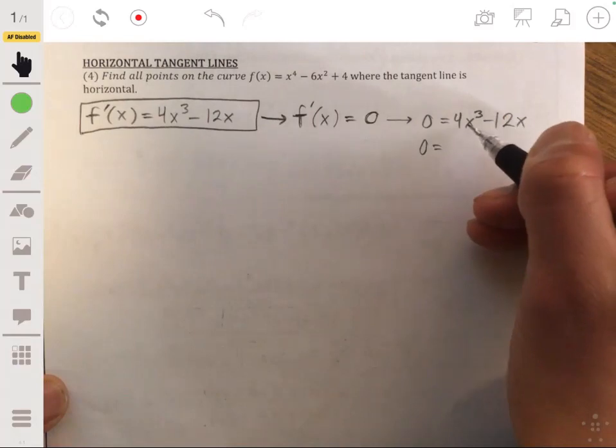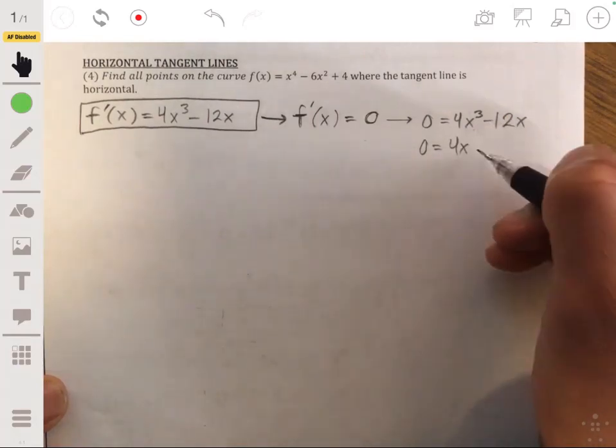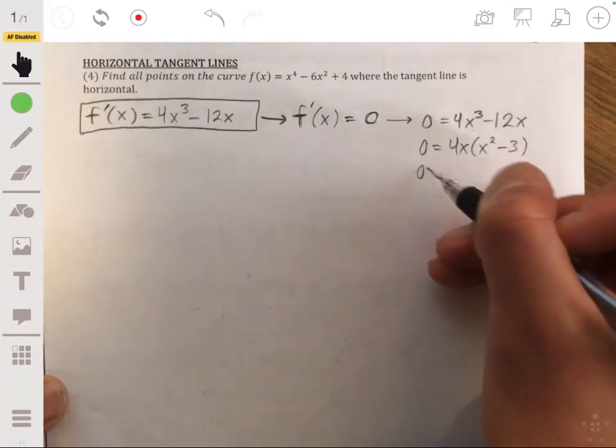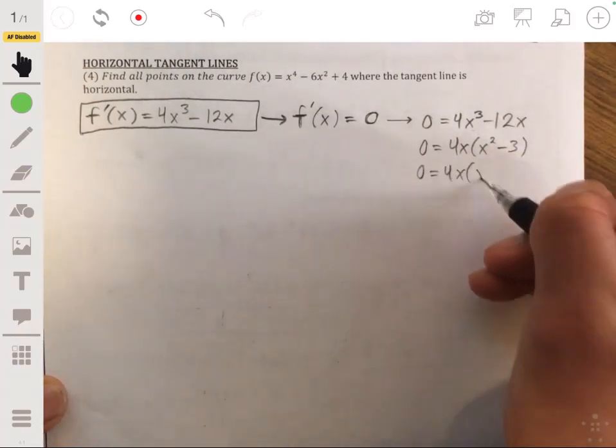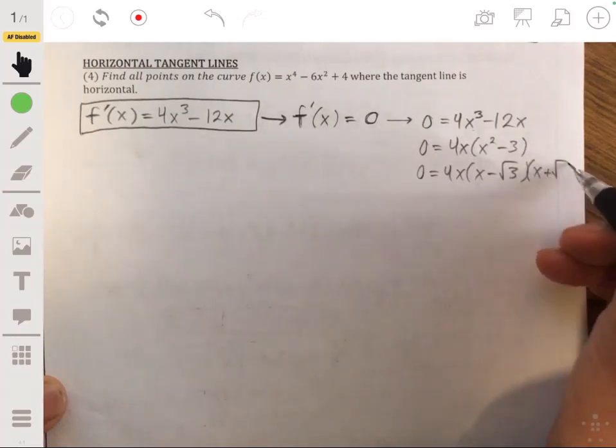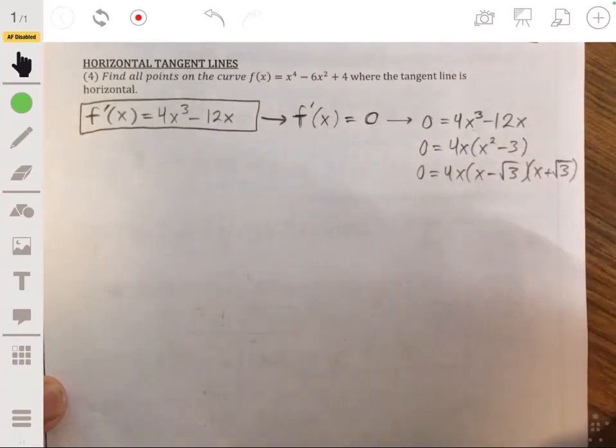We can factor out a 4x from each of these. 0 equals 4x times x squared minus 3. And 0 will be equal to 4x times x minus the square root of 3 times x plus the square root of 3.